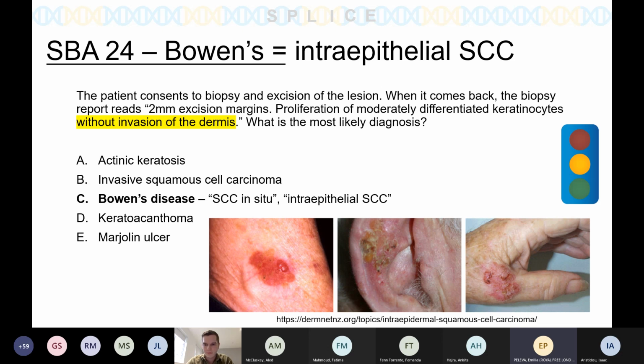If you've got SCC-looking cells, abnormal keratinocytes, above the basement membrane that haven't breached it yet to go down into the dermis, we call that Bowen's or SCC in situ. If you leave it long enough, it has a high risk of becoming a squamous cell carcinoma, breaching down and invading the dermis. So it gives us a level of risk by looking at how deep it is.